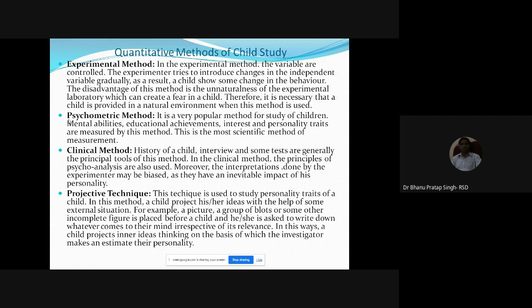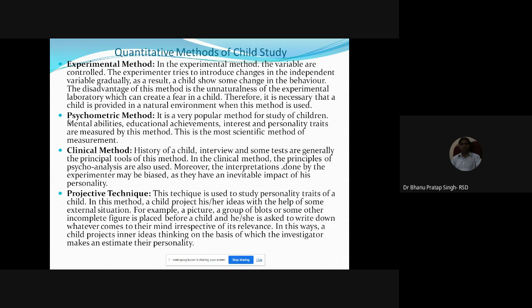The next is the clinical method. This method is being used by the psychologist in the labs for learning about the pupil, and for that he tries to understand the history of the child.